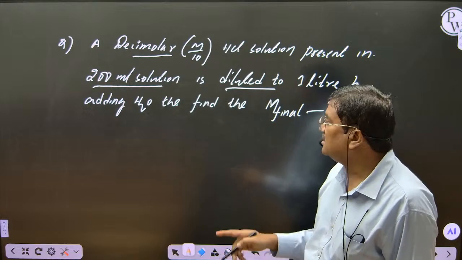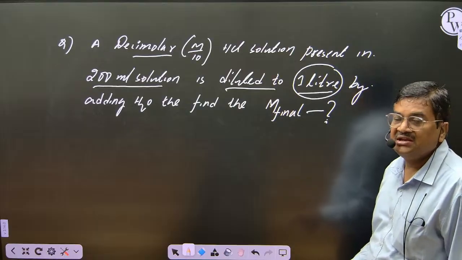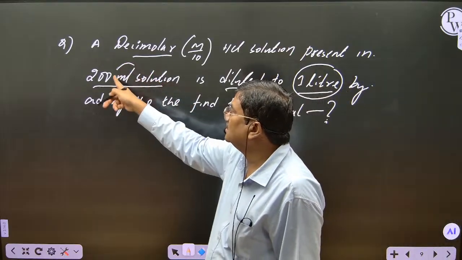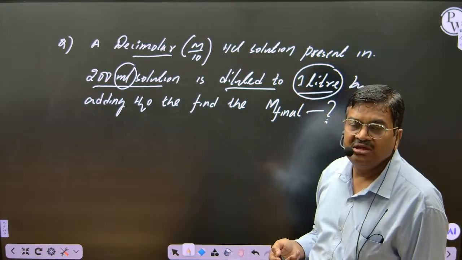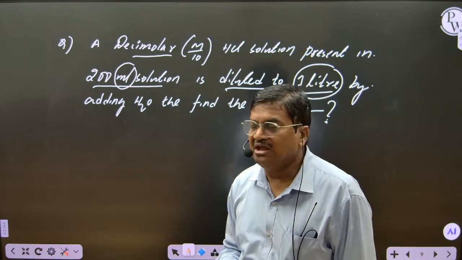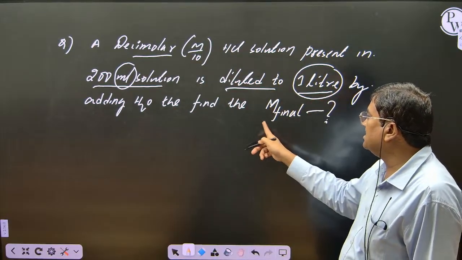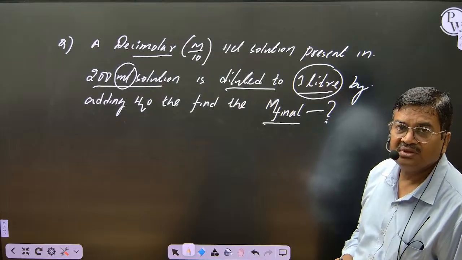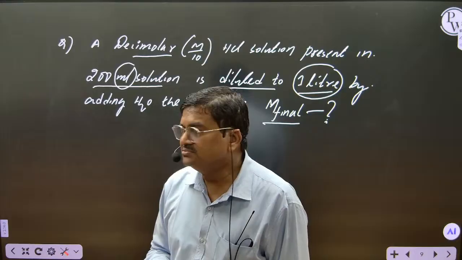He has added water and made it to 1 liter. See the units carefully: this is in milliliter, this is in liter. 1 liter is equal to 1000 ml. So by adding water till 1 liter, what will be the final molarity, is what is asked.